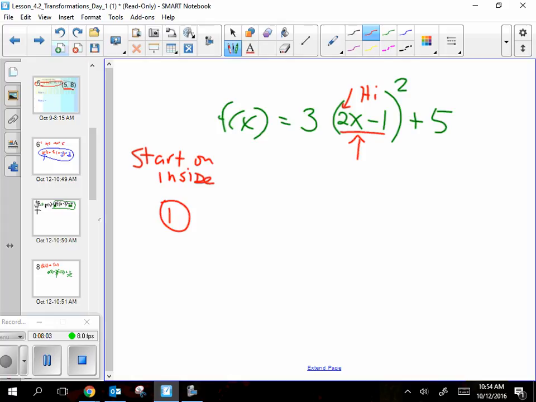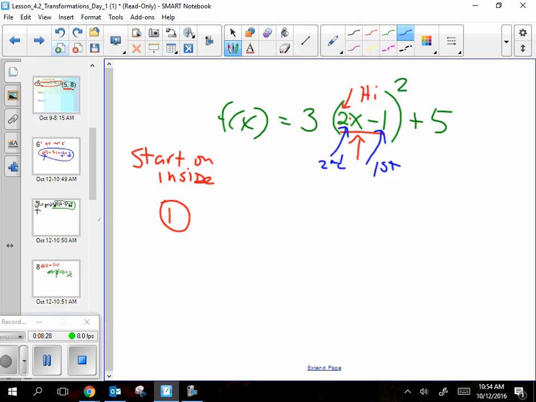And you would think you would start by multiplying by 2 because that's the normal order of operations, but you don't. You do it in the opposite of the normal order of operations. So if the 2 is normally first, that's going to be second, and then we'll move to the outside.